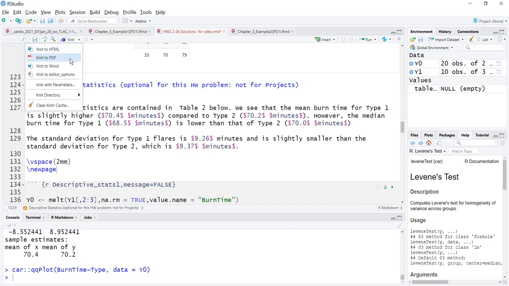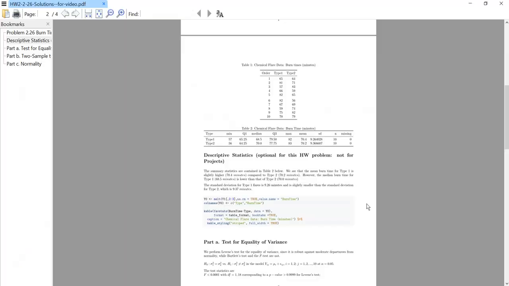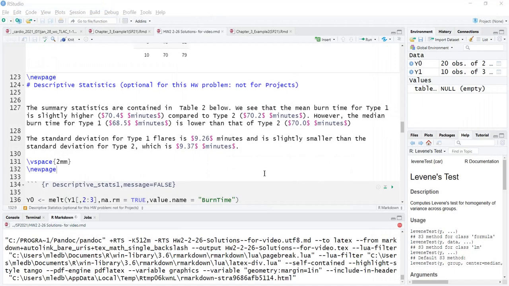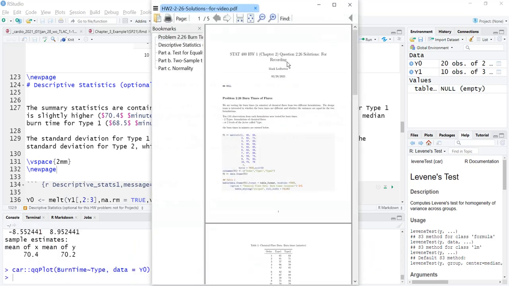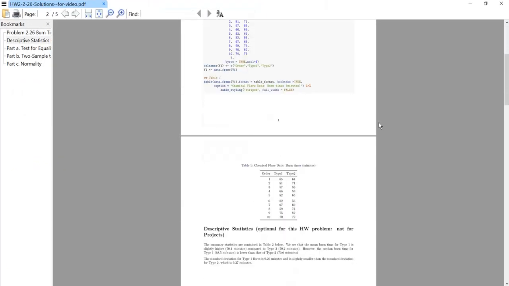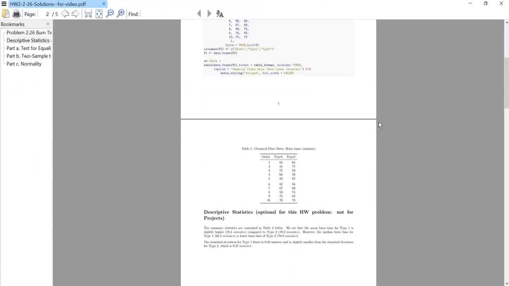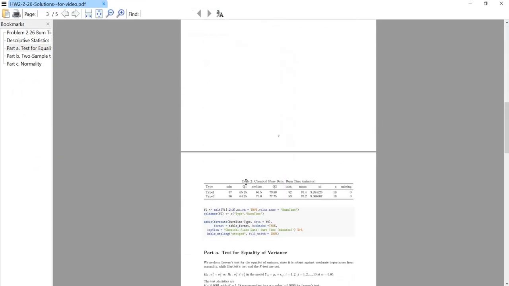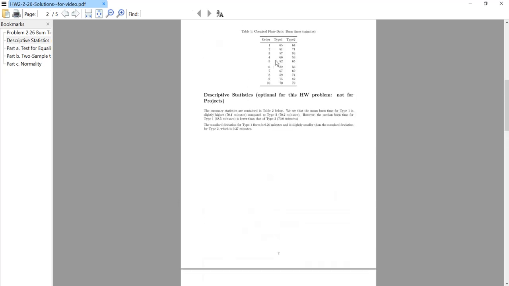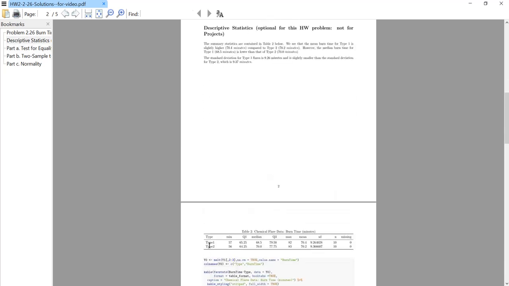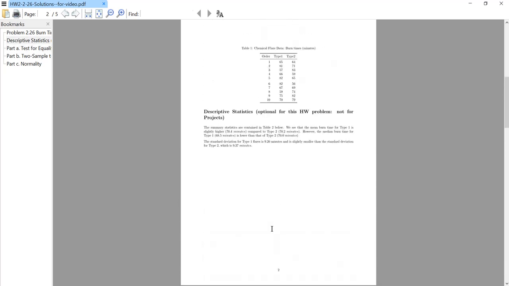The only other thing to do would be to put a new page and see how that knits. Now, you can have it open in this PDF viewer and it will still override it. But if you have it open in regular PDF, it will not. It will crash because it's open. So let's see if it changed anything. Okay, by putting the new page after that, it not only doesn't put it with table 1, it moved it all the way to page 3.